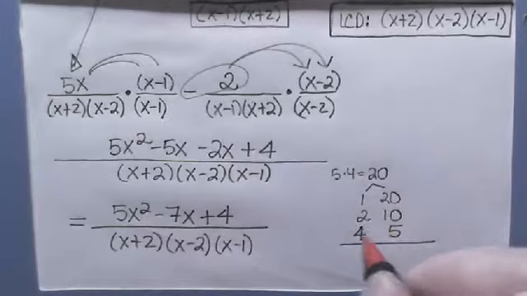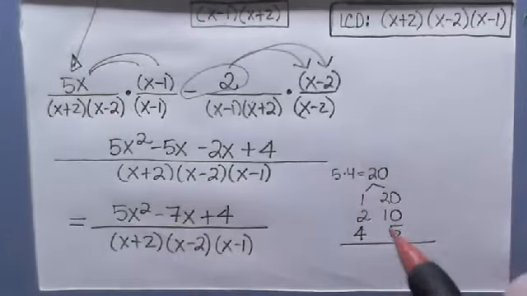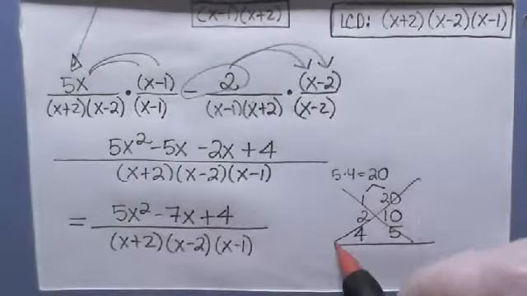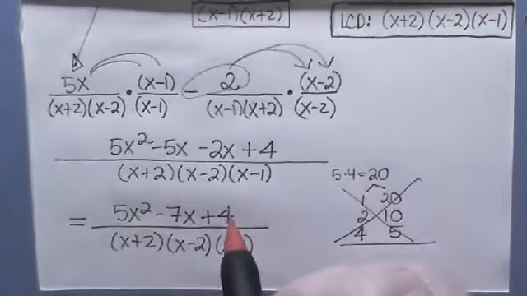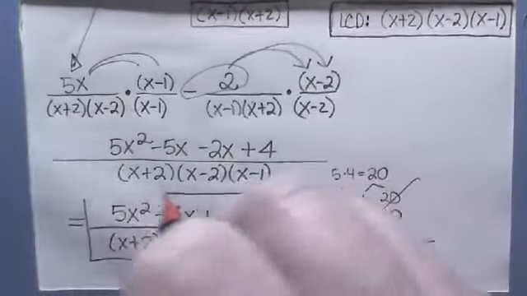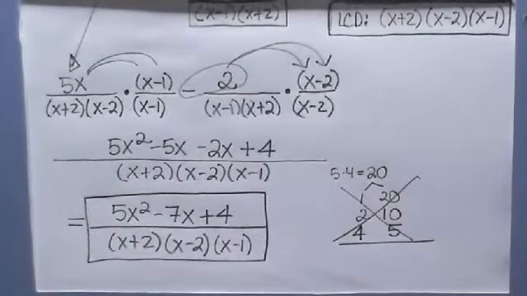Now we're looking for any pair here that when added or subtracted give me a 7. And the thing is, nobody here will give me a 7. So that means I cannot factor this. So that means this stays like this. This is my simplest form. Okay? So that is the answer for this problem.